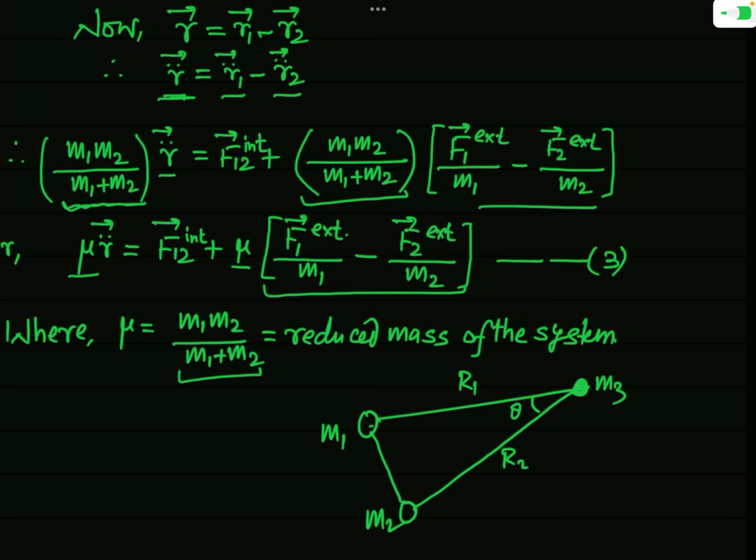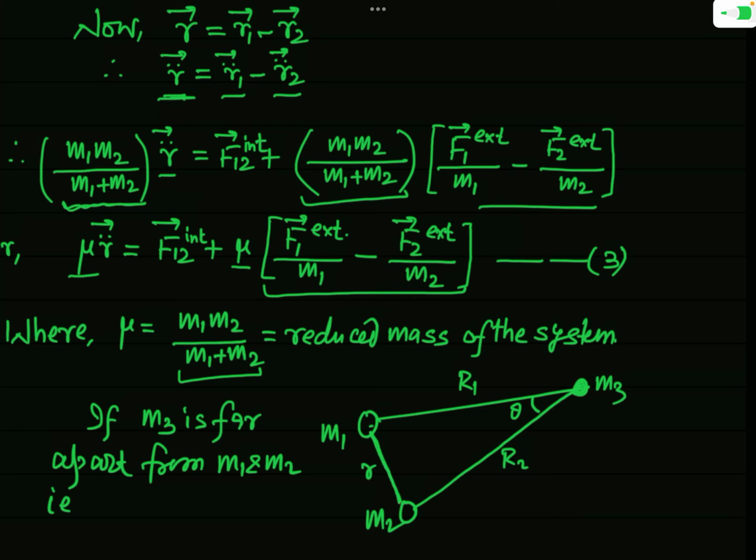So in this condition, if m3 is far apart from m1 and m2, that is, this distance was r, as you have seen earlier, this r is much smaller than r1, and also this r is much smaller than r2.